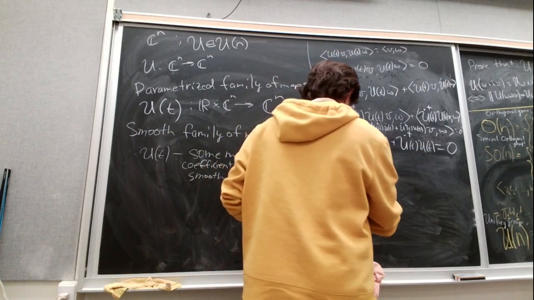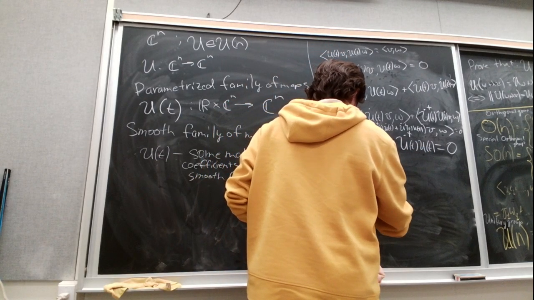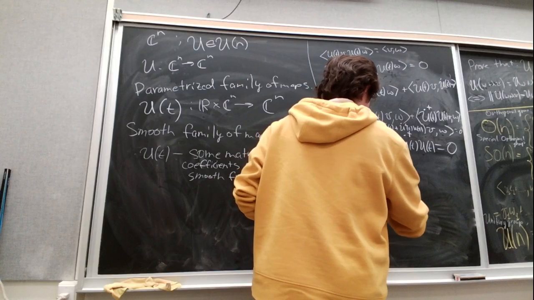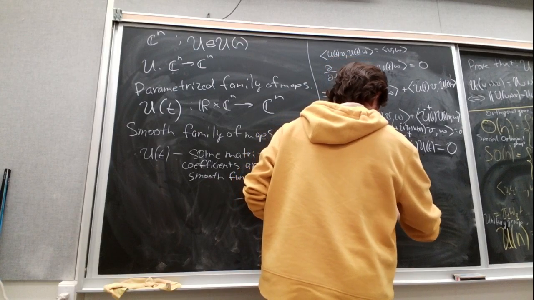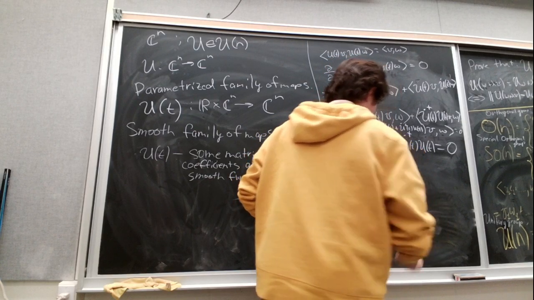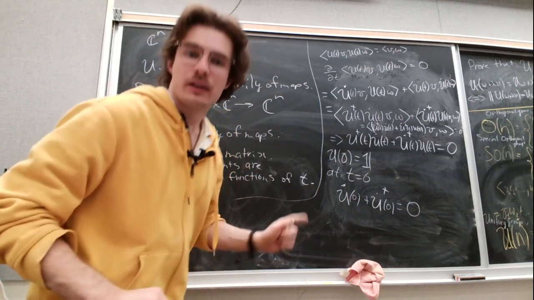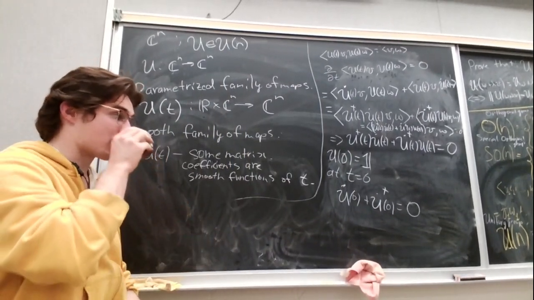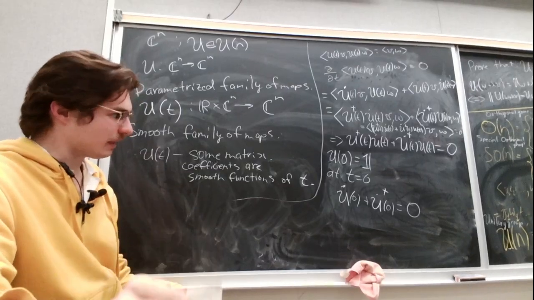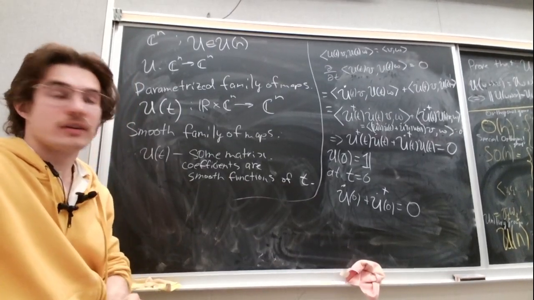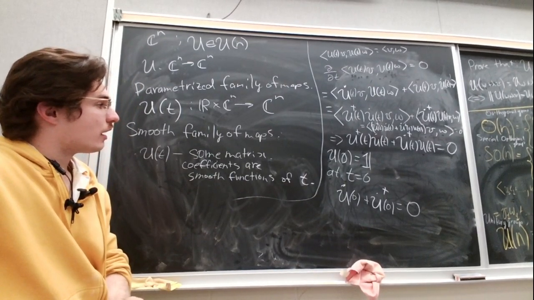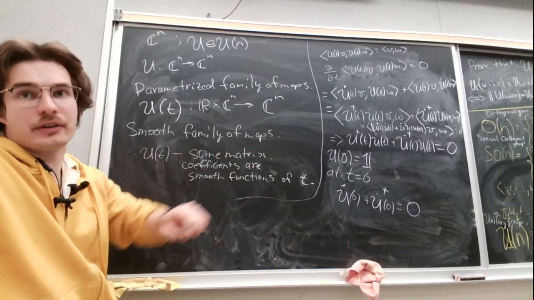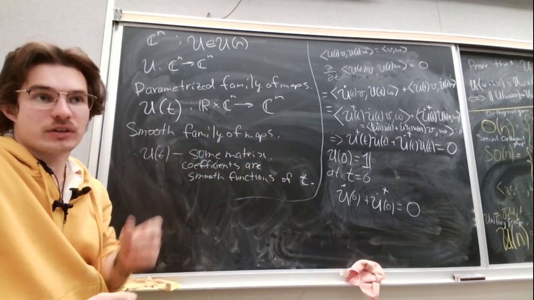And so I just get that u dot at 0 plus u dot dagger at 0 is equal to 0. So we got a non-trivial condition on the derivative of this map. Do you agree? That is 1, but in math language: this is the identity operator, the identity matrix.